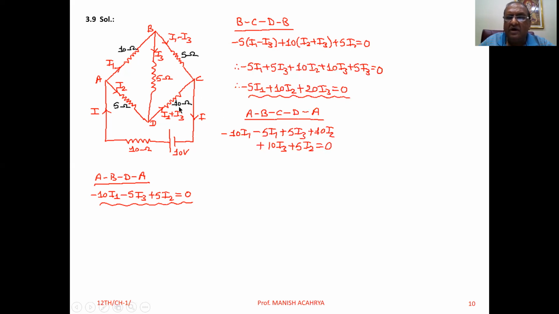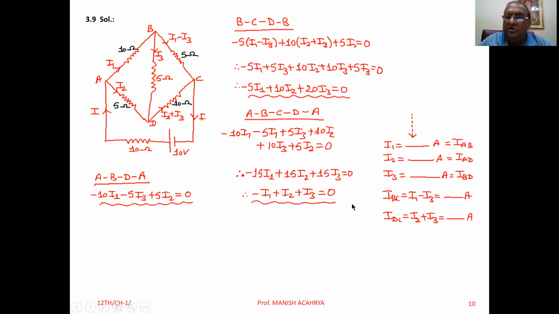Then C to D in the opposite direction of current, so plus 10I2 plus 10I3. Then D to A in the opposite direction of current, so plus 5I2, that is equal to 0. So resultantly you will get the equation minus I1 plus I2 plus I3, that is equal to 0.